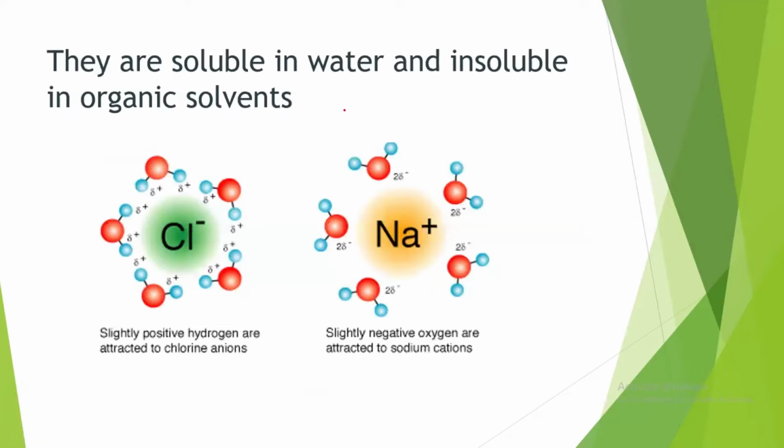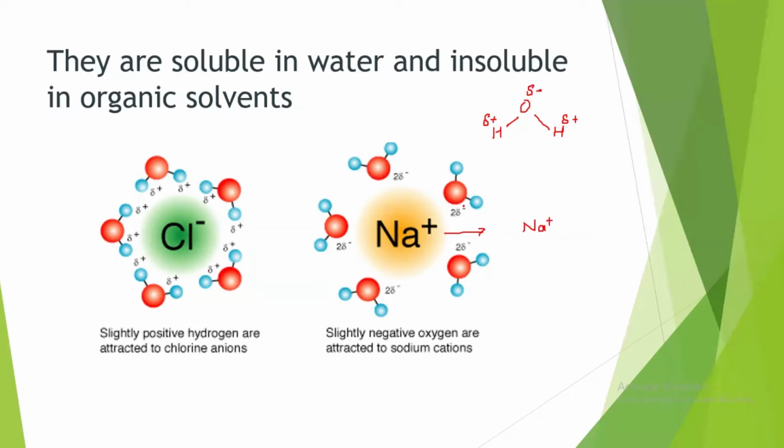Now, they are soluble in water and insoluble in organic solvents. The reason is quite simple. In NaCl, Na is positively charged. In water, as you can see, this is oxygen, this is hydrogen, this is hydrogen. We know that hydrogen has a partial positive charge, and oxygen has a partial negative charge.